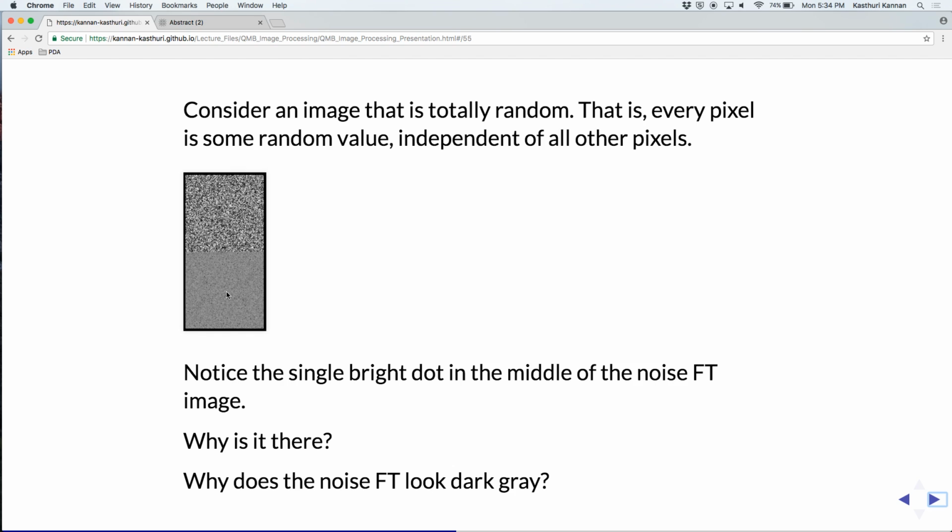And why does the Fourier transform of the noise look gray? So what does the center represent in the Fourier transform?